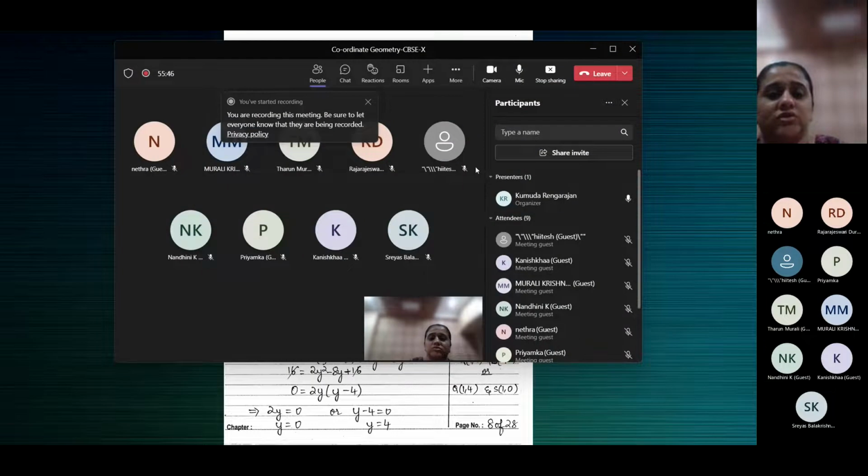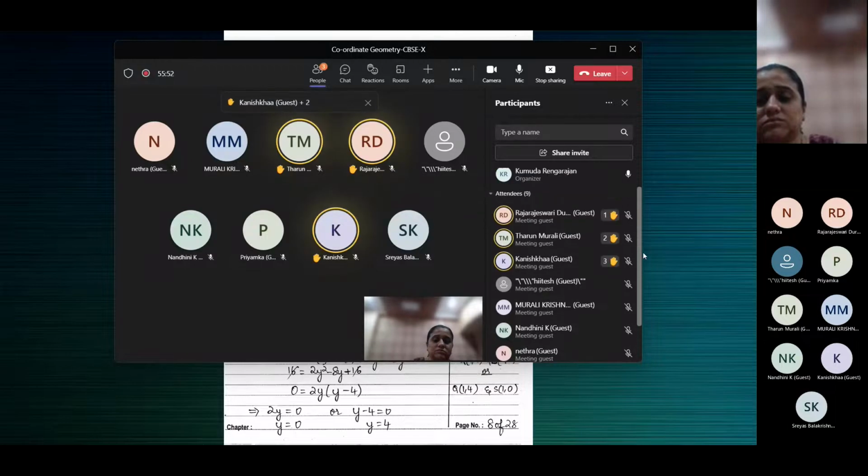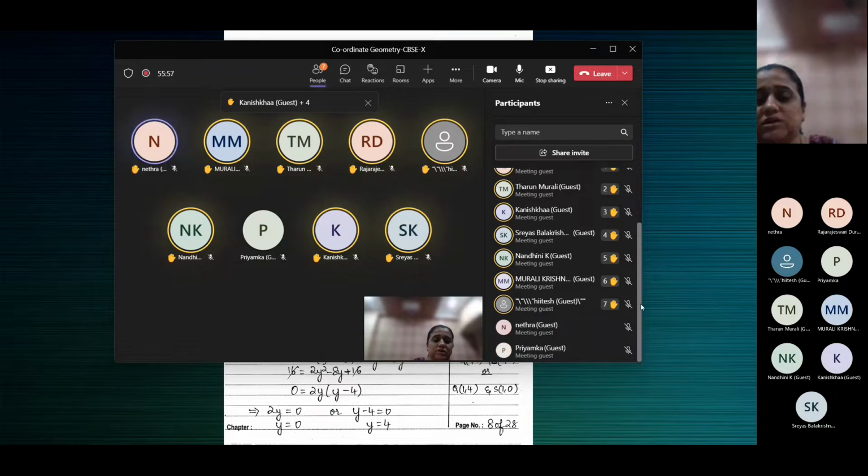Class, use the emoji, raise your hand. Rajeshwari, Tarun, Murali, Kanishka, Shreyas, Nandini, Murali Krishna, Hitesh, Netra, Priyanka.